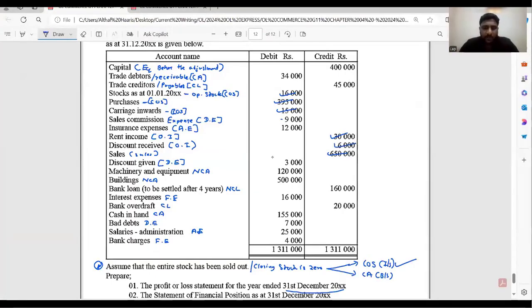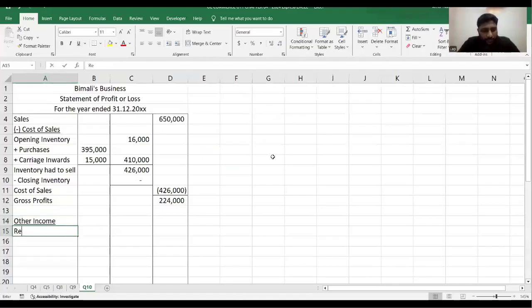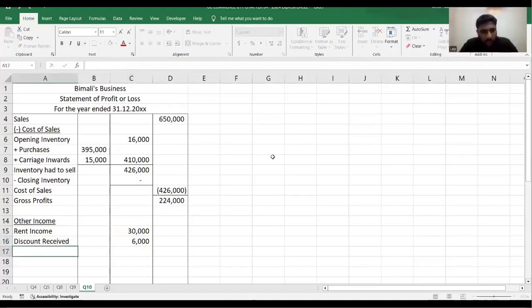Discount received 6,000. So that is also done.